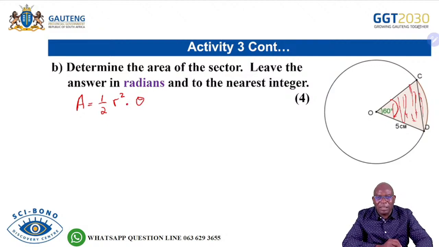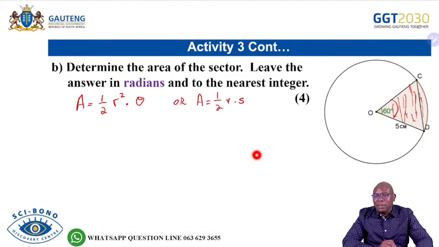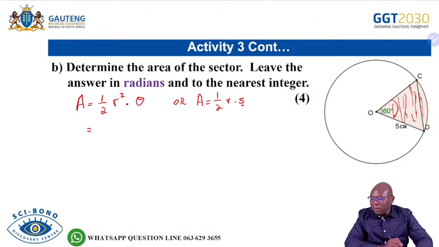Still, you can use the formula A equals half of R multiplied by S. But with this formula, if my S is wrong, then the other part is going to be wrong. So to be safe, let's use the formula that has values given.